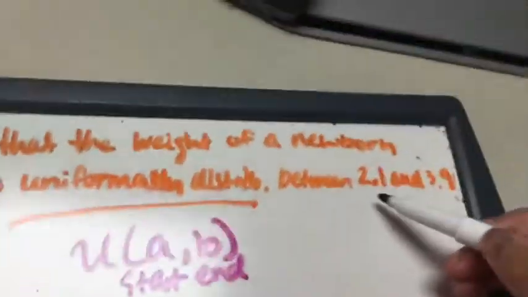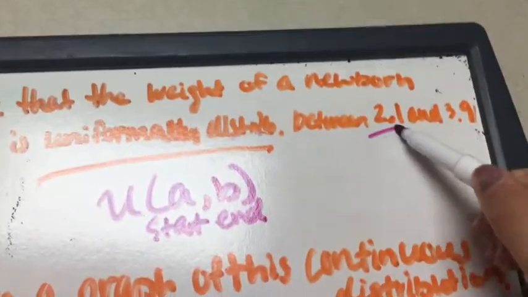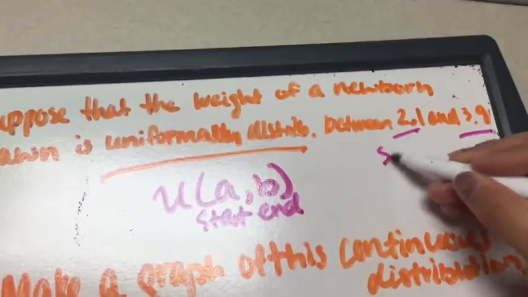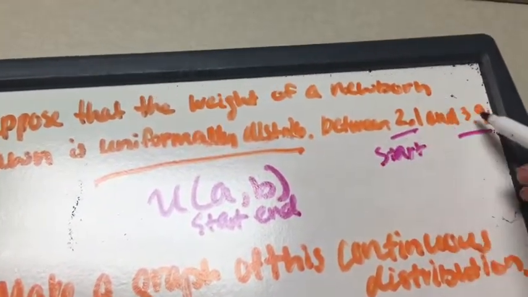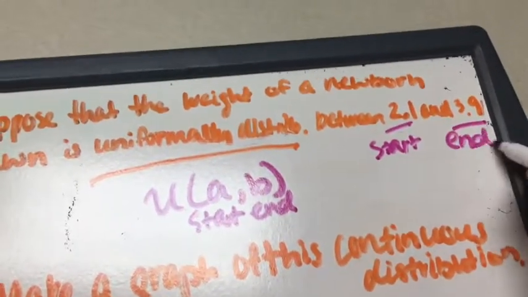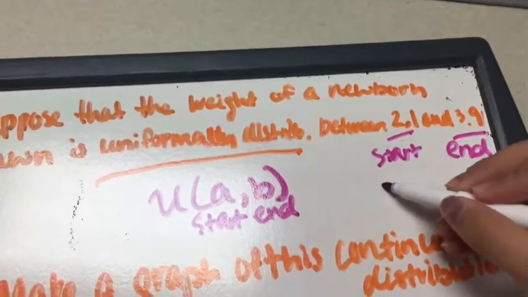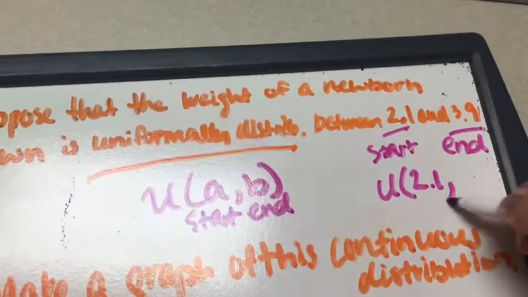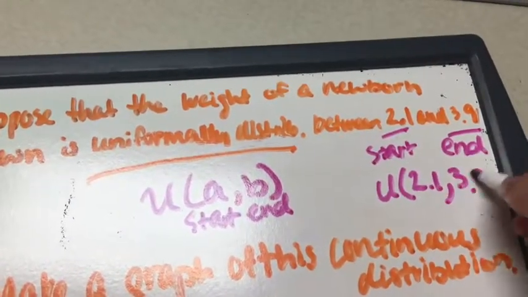So 2.1 is your A, and 3.9 is going to be your B.